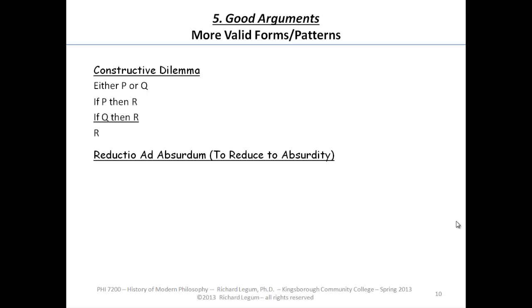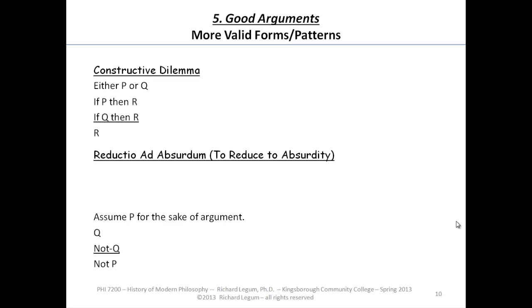to absurdity. And here's the way this pattern of argument works. We're trying to prove that P is not true, but we say, let's assume for the sake of argument that P is true.